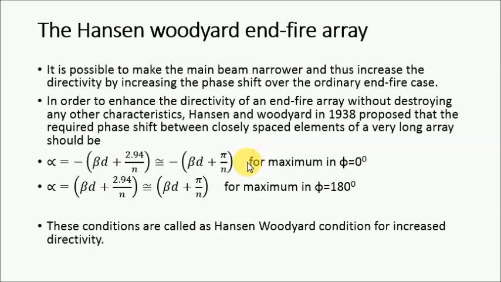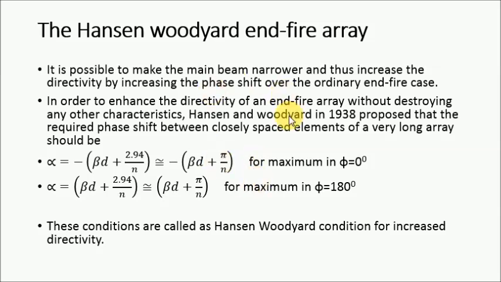Now this produces the maximum field at phi equal to 0 degrees or 180 degrees, but does not give the maximum directivity, and the directivity is very low compared with the ordinary arrays. It may be possible to make the main beam narrower and thus increase the directivity by increasing the phase shift over the ordinary end fire case.